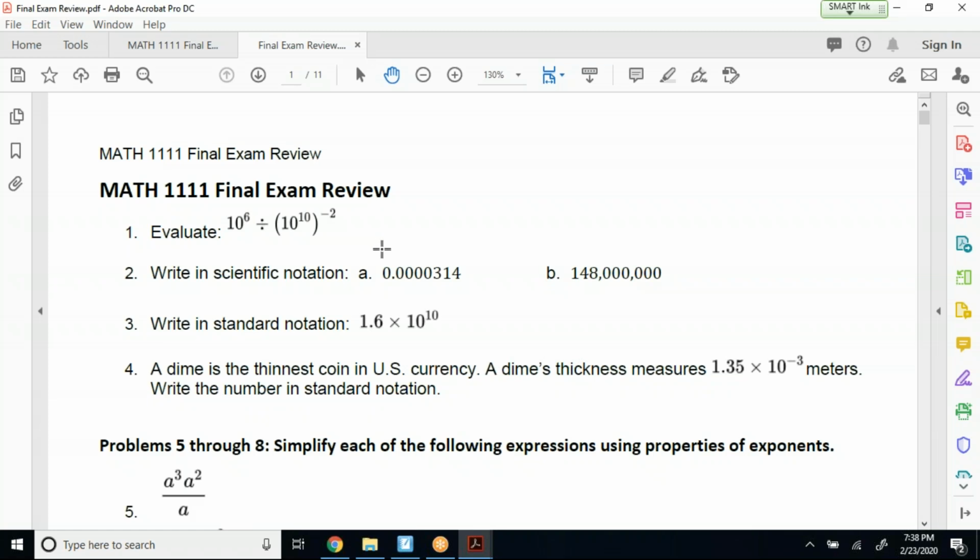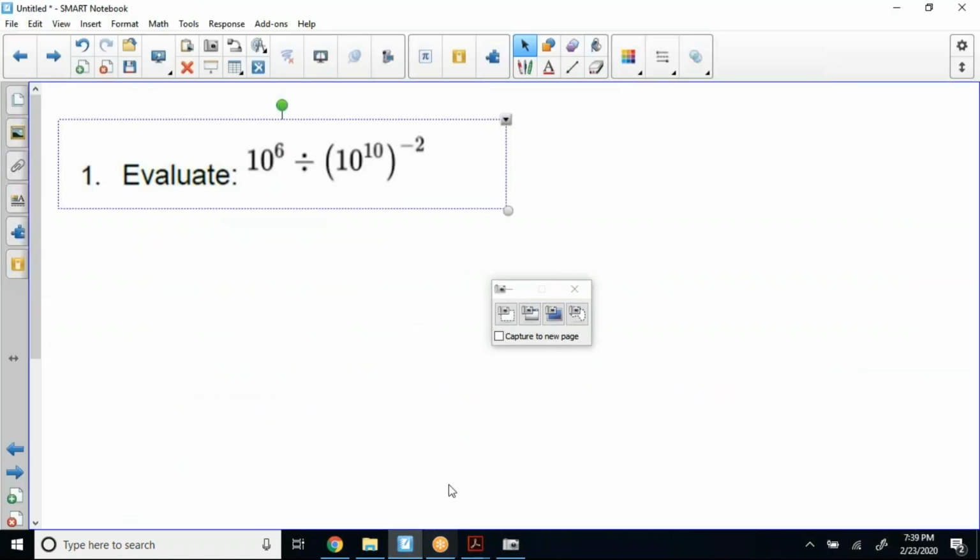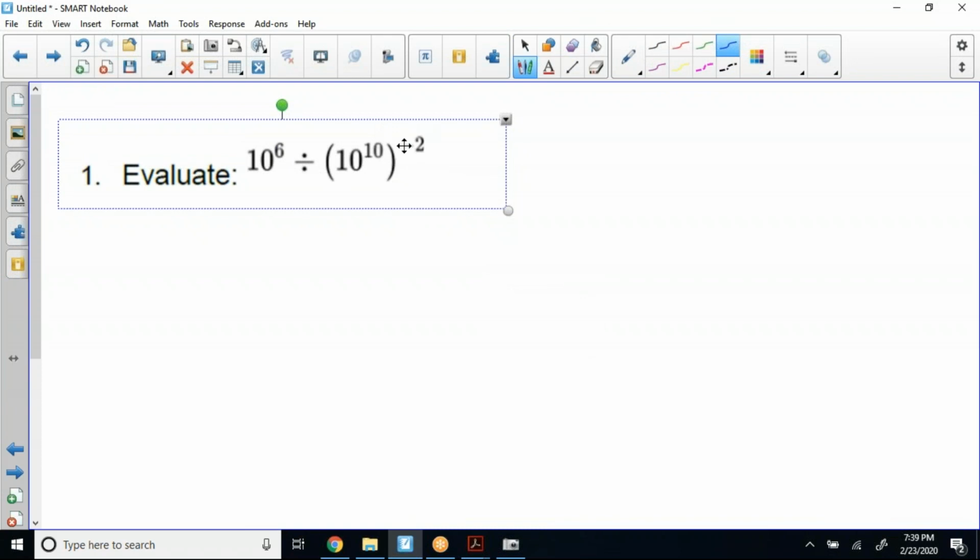Your calculator should be able to do this calculation pretty easily, because it'll do scientific notation, but we're going to do it by hand. Before we do anything, this is going to be 10 to the negative 20, right?